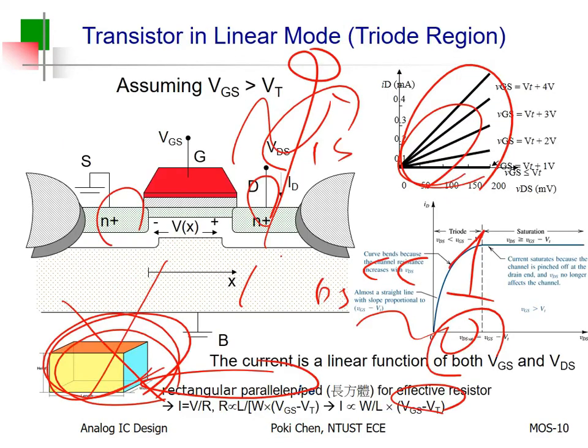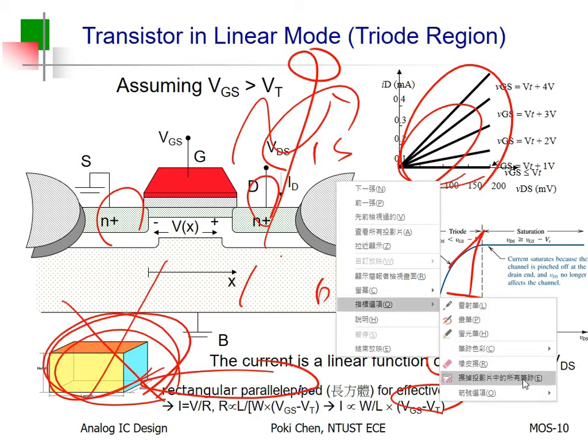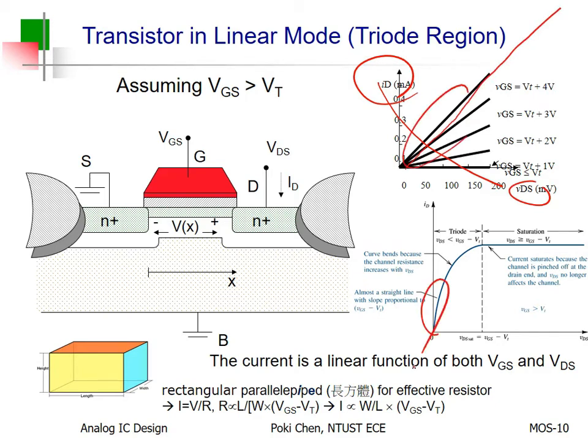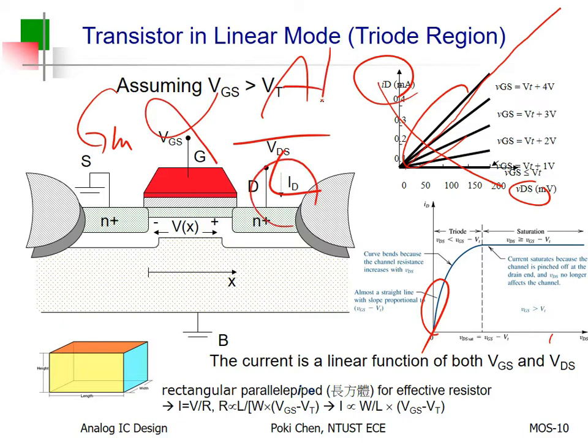Don't expect the dependence of ID on VDS to be exactly linear. No. From the very beginning it is linear, but after you increase VDS, as I told you already, the conductivity, proportional to area by length, is reduced.